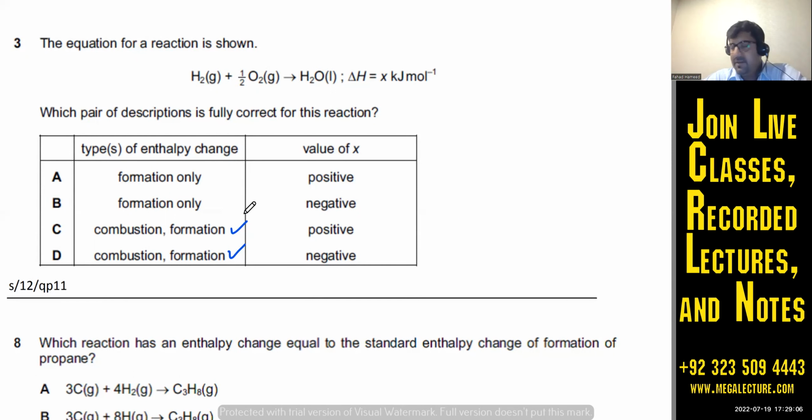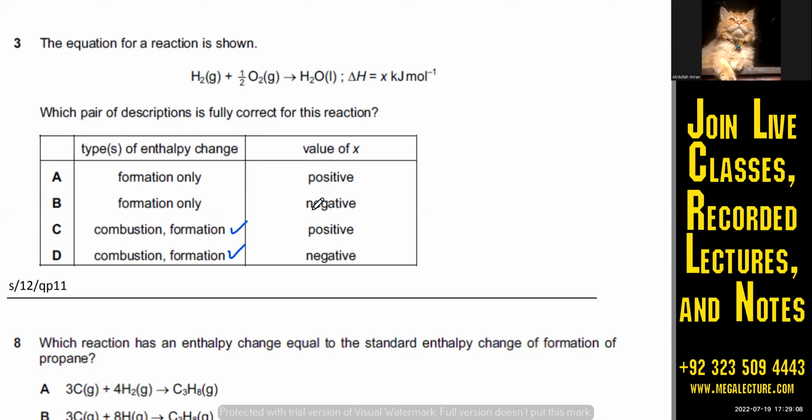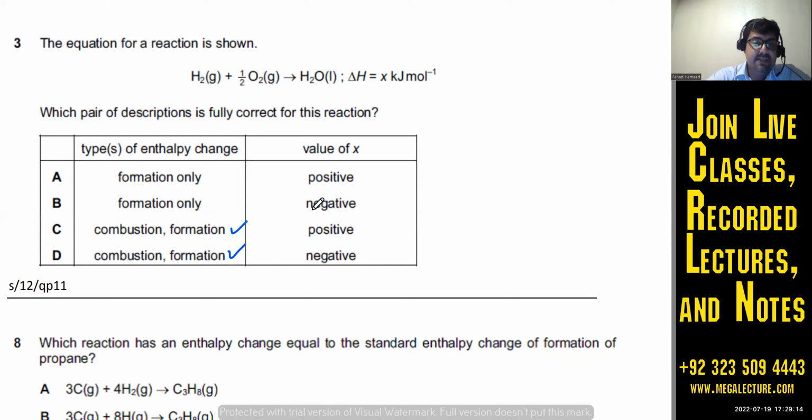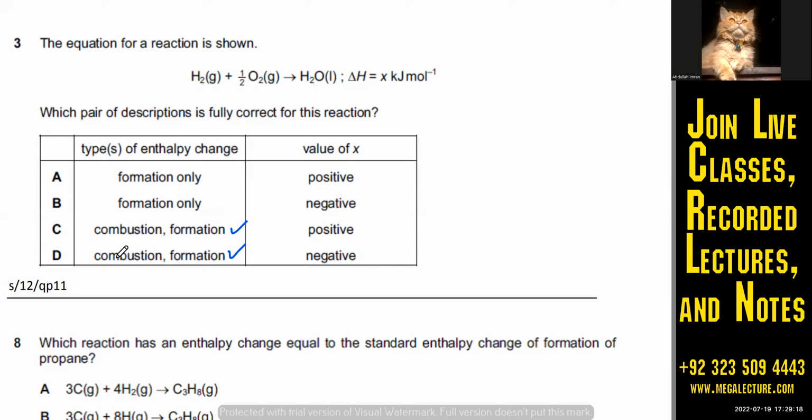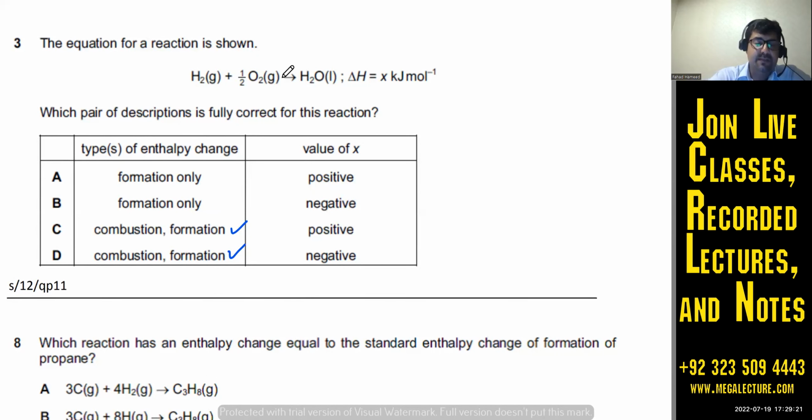Negative or positive? What would be the value? Negative. Okay. And the reason it's negative is that both of them are the same thing. I mean, formation and combustion, they both represent the same reaction. Formation can be plus or minus, it's hard to figure out what formation is, but combustion is always negative.